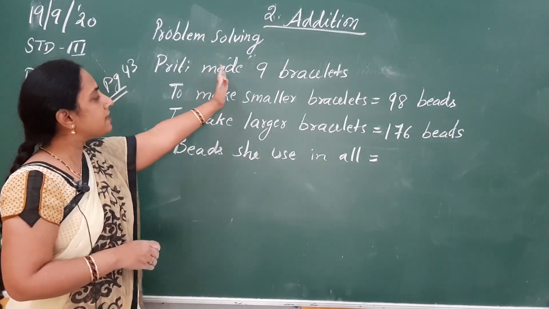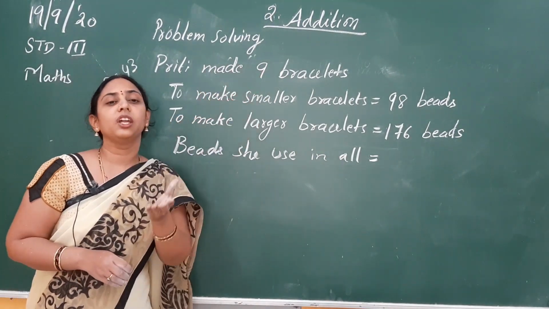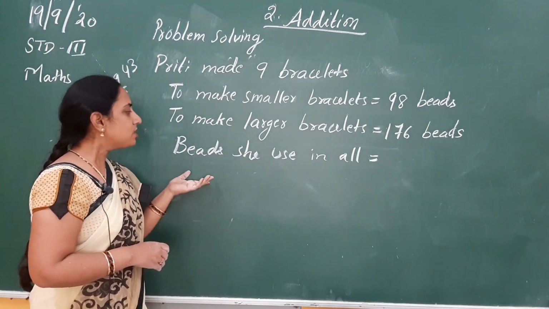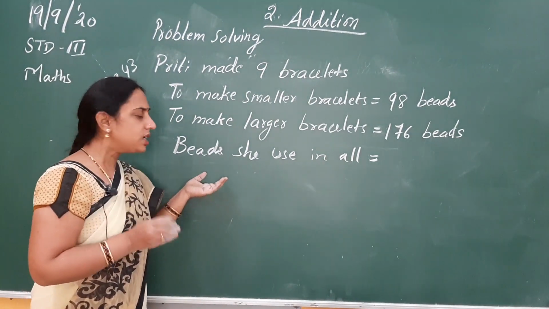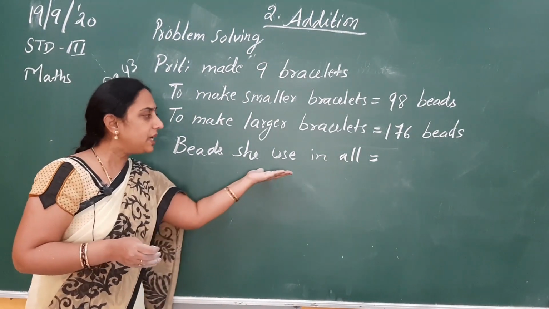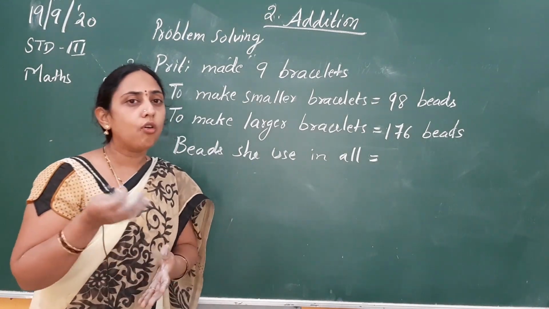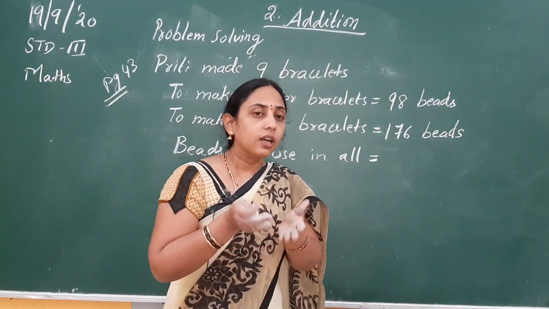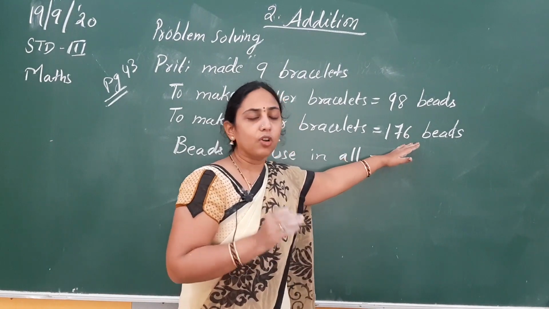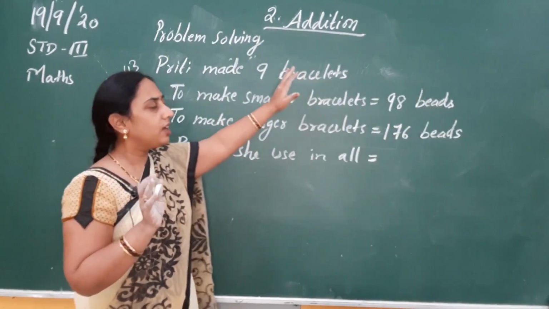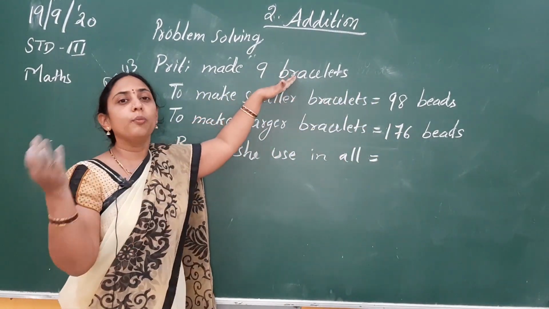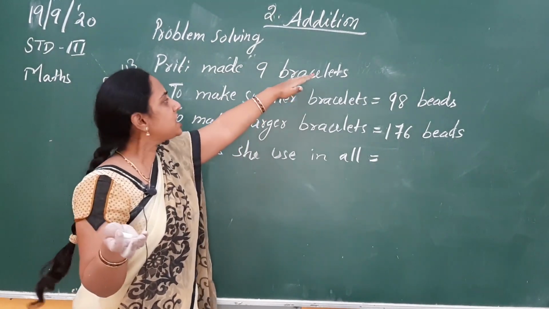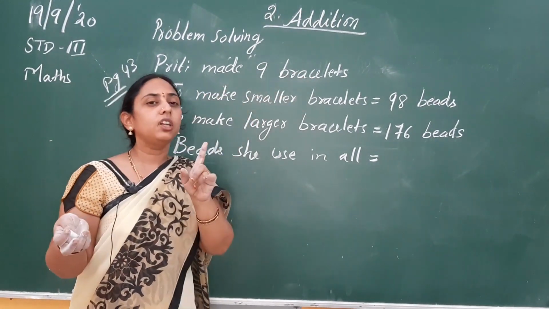So how many bracelets she made, that is not important to us, okay, because what he is asking in the question is how many beads she used in all. So he is only considering the beads she used. We are not related to how many bracelets she made, okay. So this information is not important.